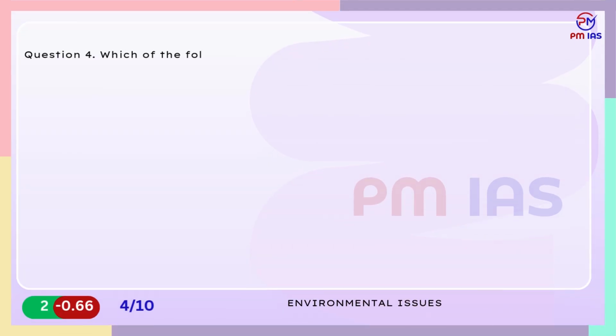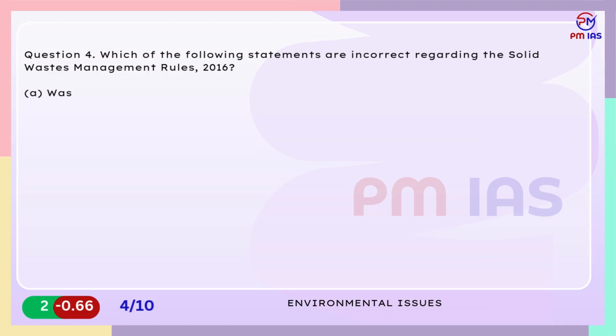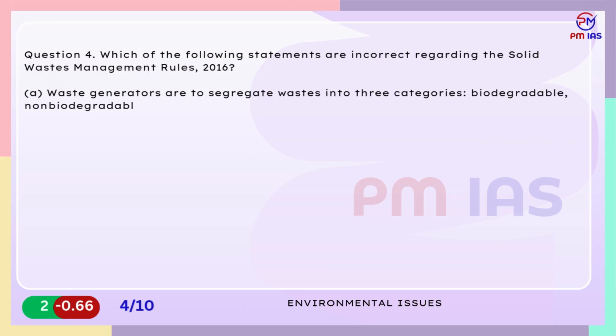Question 4. Which of the following statements are incorrect regarding the Solid Waste Management Rules, 2016? A. Waste generators are to segregate wastes into 3 categories: biodegradable, non-biodegradable, and domestic hazardous wastes.